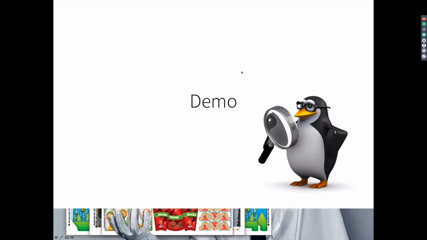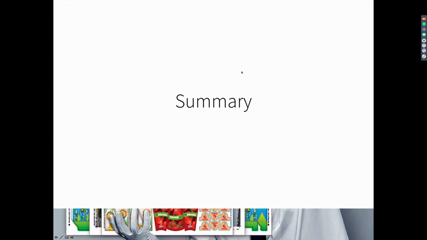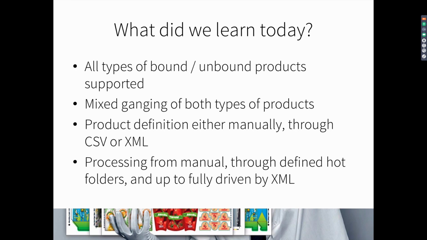Okay. This is what I wanted to cover during this demo. Let me very quickly summarize. This is an application that can handle all types of bound and unbound products, including rectangular products, die line based products, and so on.